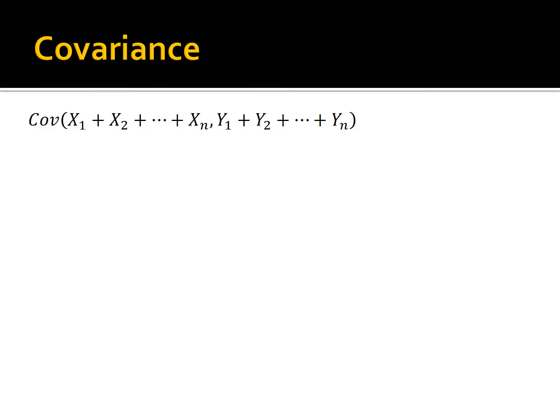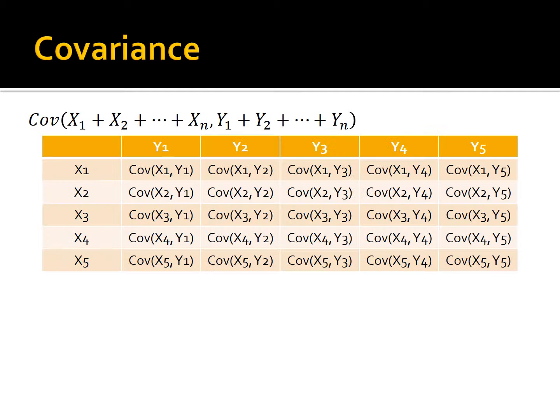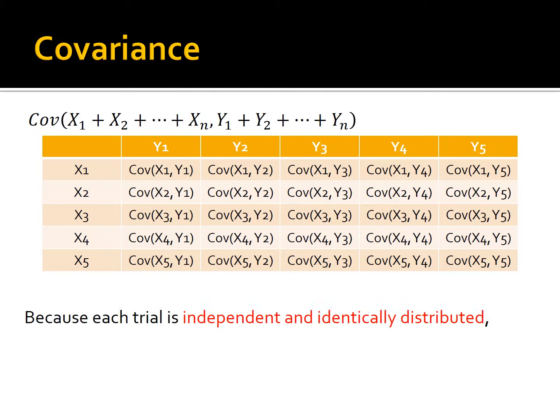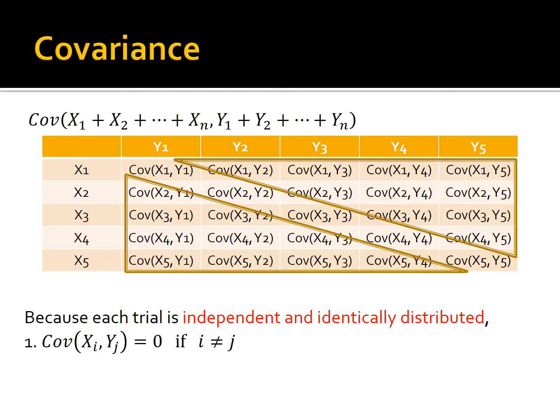We need to find the covariance of the sum of x and the sum of y. So I put x in the rows and y in the columns. Then I provide the covariance of each pair. Because each child is independent and identically distributed, the covariance of x sub i and y sub j equals 0 if i is not equal to j.